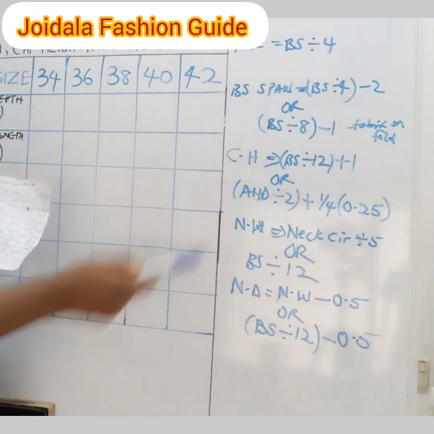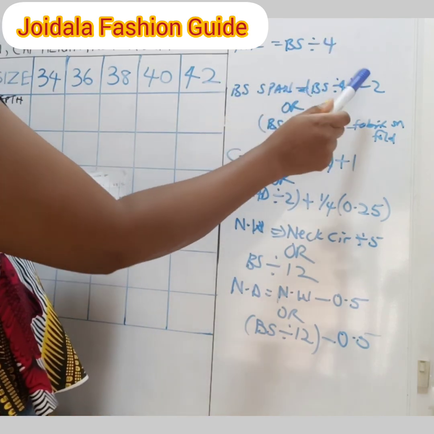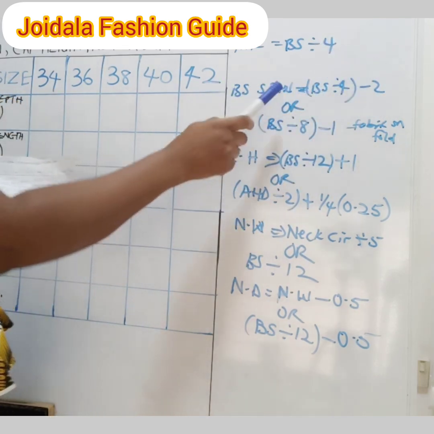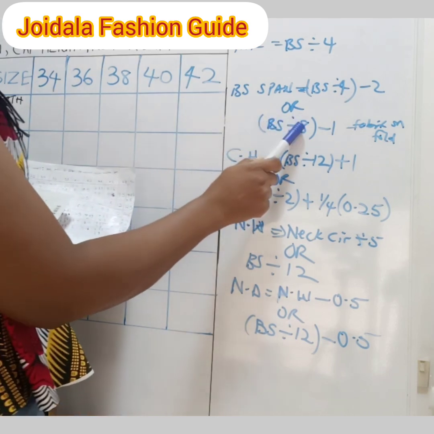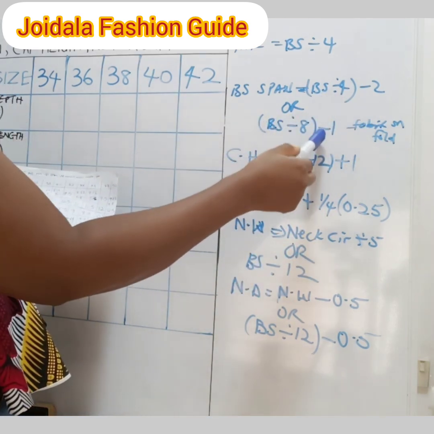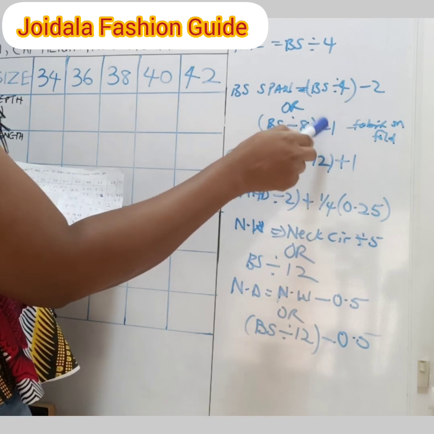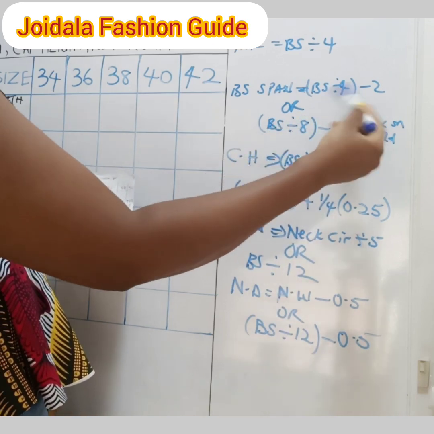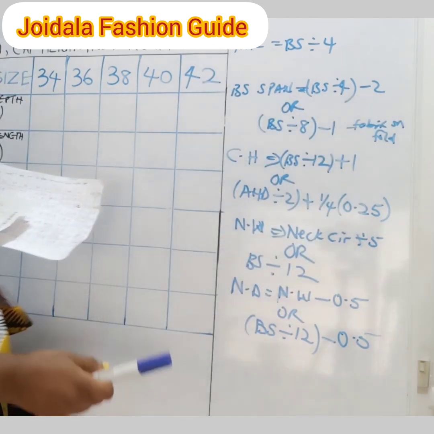The bust span: bust circumference divided by 4 minus 2, or bust circumference divided by 8 minus 1, and that will give it to you on fold. That is, it will give you half of it, so you simply multiply by 2 and you get the full bust span.